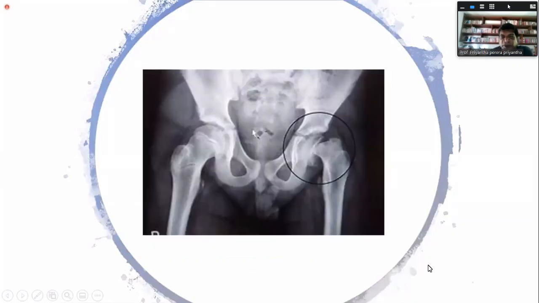Right? So with this line, this is the upper end, this is the lower end, and the perpendicular line like that, right? So it is going through the shaft of the femur, and this one here, the upper end and lower end, right? This perpendicular line goes somewhere there.